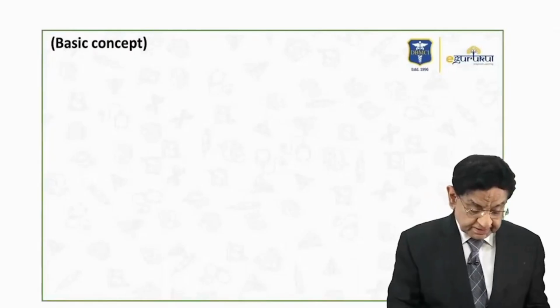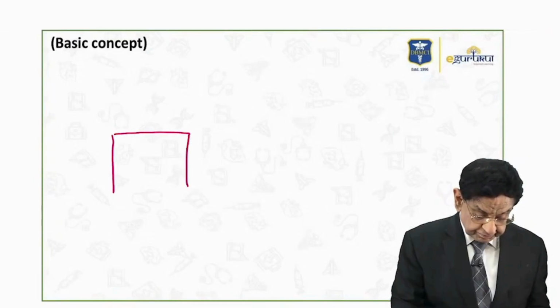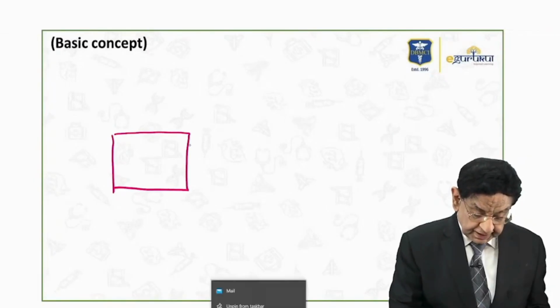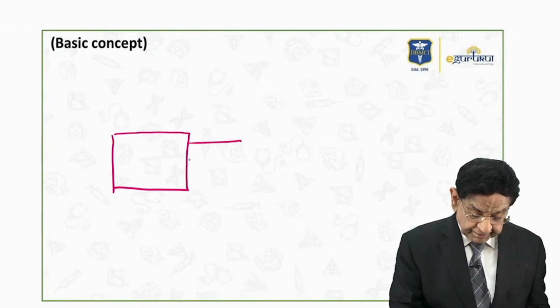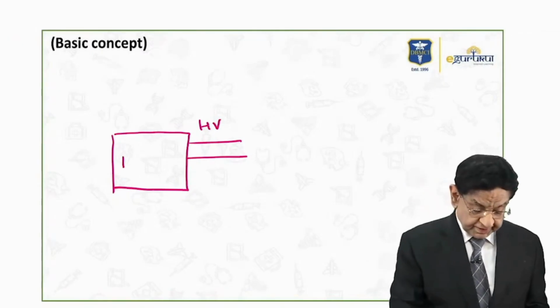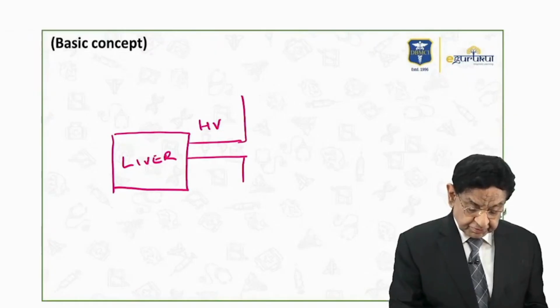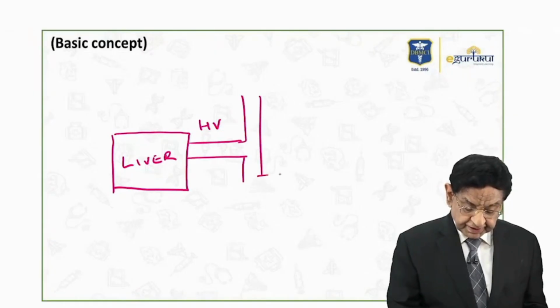The basic concept, this is the liver and it is the hepatic vein. HV stands for hepatic vein. This is liver. And ultimately this drains into inferior vena cava.